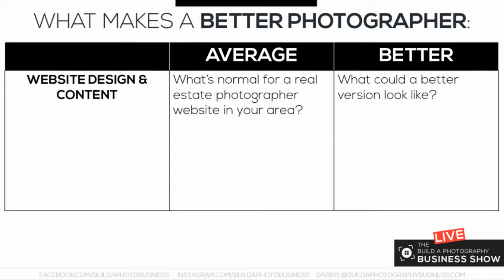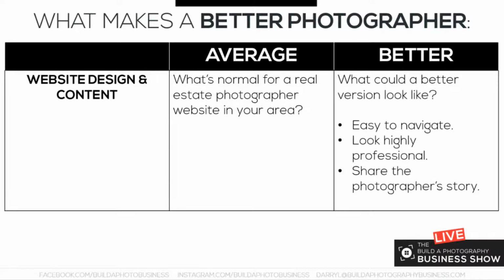Okay? So what would a better photographer have on their site? All right? Now, I think a better photographer website is going to be easy to navigate. It's going to look highly professional, and it's going to share the photographer's story about why they do what they do. So maybe toss some ideas around, see what you can come up with to create a website that positions you firmly in that preferred photographer category.